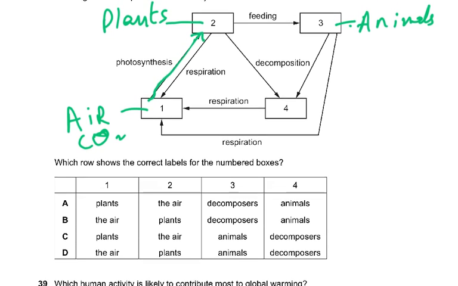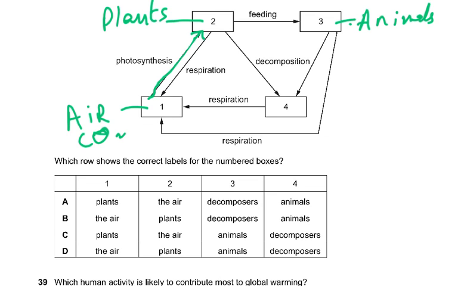Yes, so 1 has to be the air, 2 has to be the plants, and then 3 has to be animals. So the answer is D. So this is the easiest way to do it. Decomposition will be decomposers. Respiration will, of course, be the animals respiring and producing carbon dioxide. So this will be animals' respiration producing carbon dioxide going back to the air.